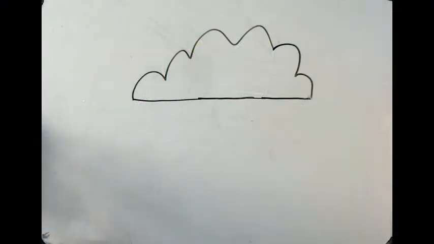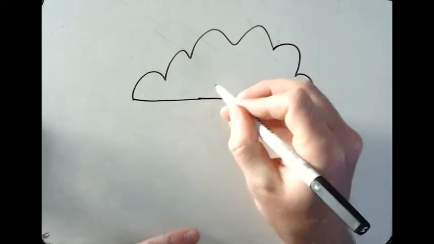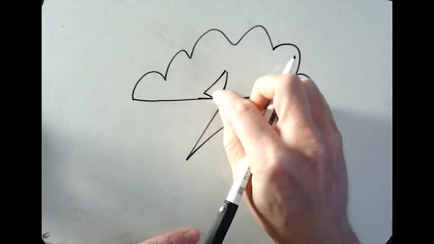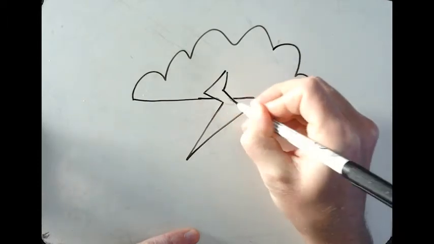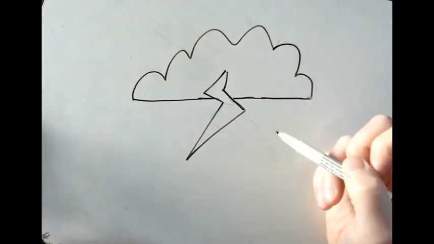Before we look at the equation that allows you to calculate the speed of the wave, I'm going to show you an example of a situation where waves can travel at different speeds. I've drawn a cloud, and in this cloud I'm going to draw a lightning bolt coming out of it, because sometimes when you get a buildup of static electricity in clouds, you can get a lightning bolt produced.